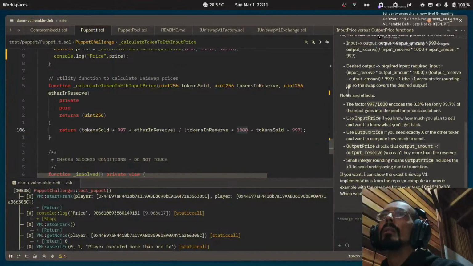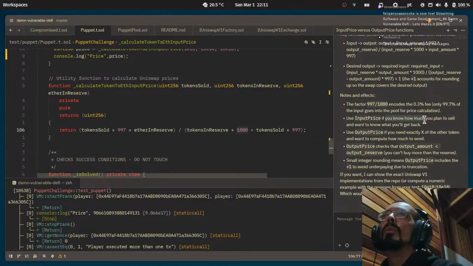Right. So not an effective factor. 999 divided by 1000, I think, encodes that only 99.7% of the input goes into the pool for price calculation.